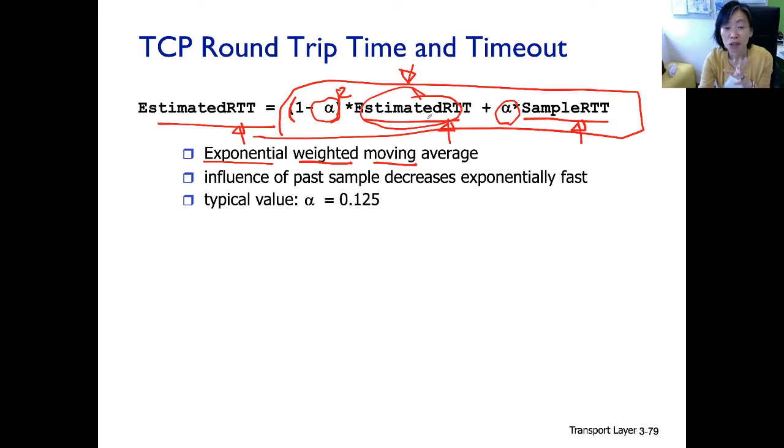So the estimated RTT 2 rounds later will be weighted exponentially less, 3 times, 3 exponents less, 4, and so on. So the influence of past samples decreases exponentially fast. Oh, and by the way, alpha is only 0.125. That is because we don't want to weight too much on the instantaneous RTT, because otherwise it will also fluctuate, not exactly smooth.